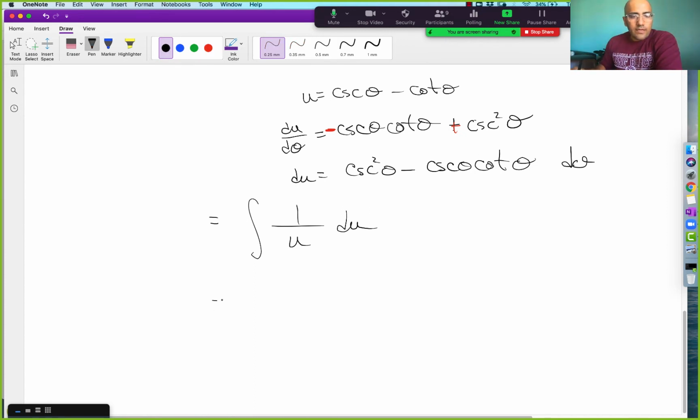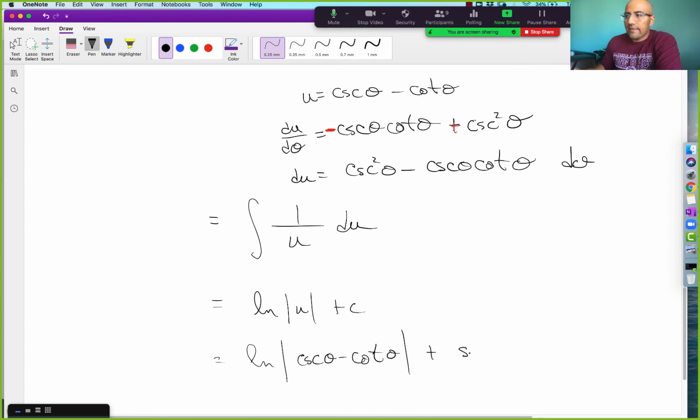Okay, so then this whole thing becomes ln of absolute value of u plus some constant, and then that u goes back to ln of, and then the u, which was cosecant theta minus cotangent of theta, right?